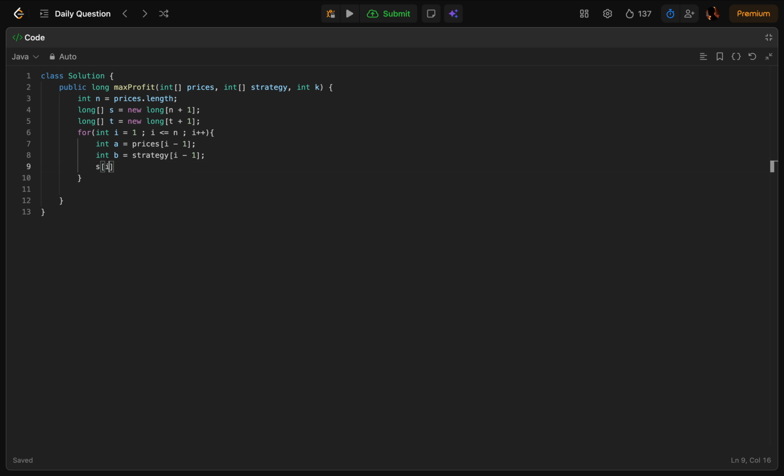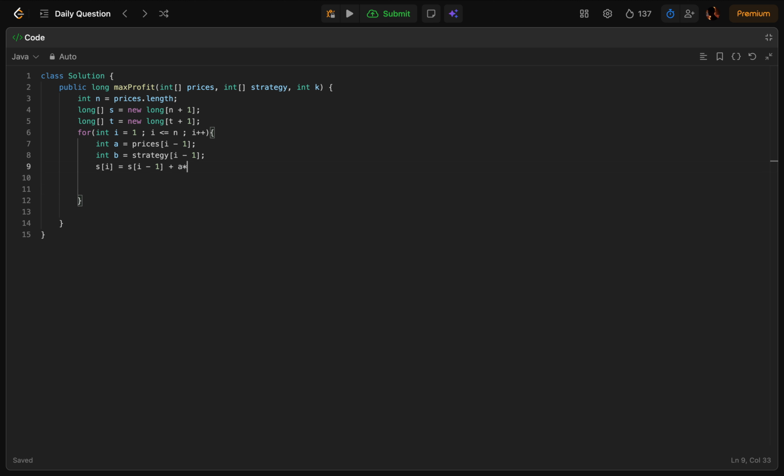So s[i] equals s[i - 1] + a * b, where we are adding the previous value of the array and also multiplying a into b.